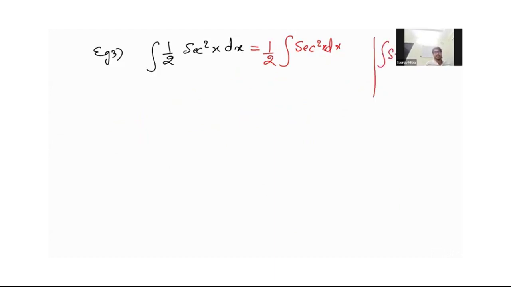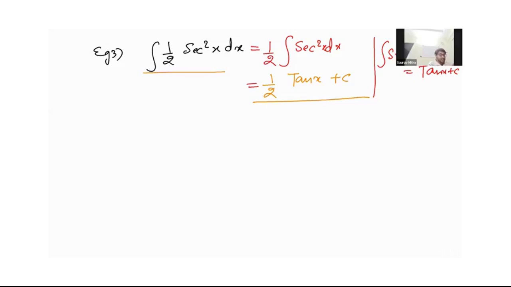What is the integration of sec square x? Tan x plus c. So sec square integration is tan x. So half the integration of sec square x is half tan x plus c. So the answer for this integral is half tan x plus c. Clear? So we have to proceed like this.